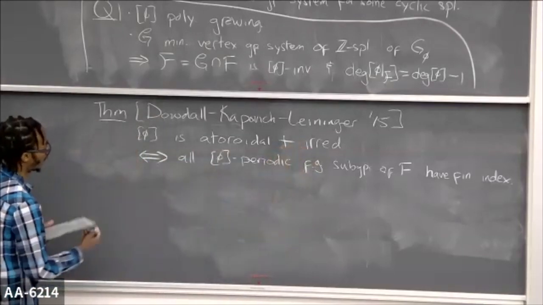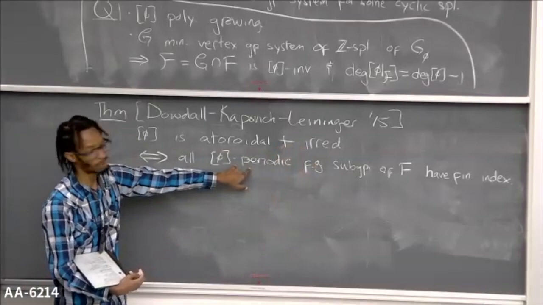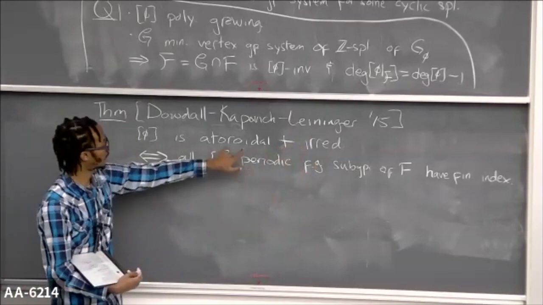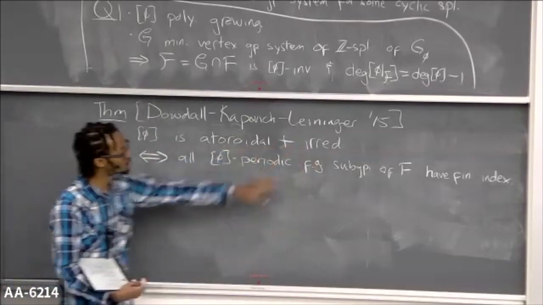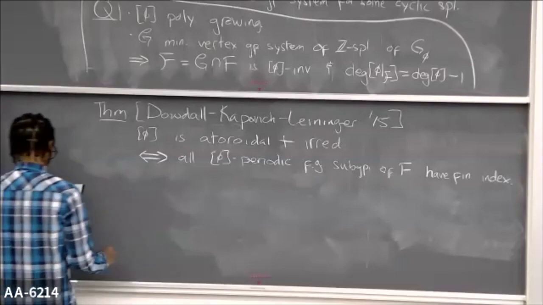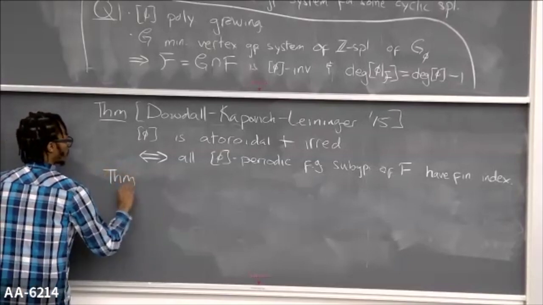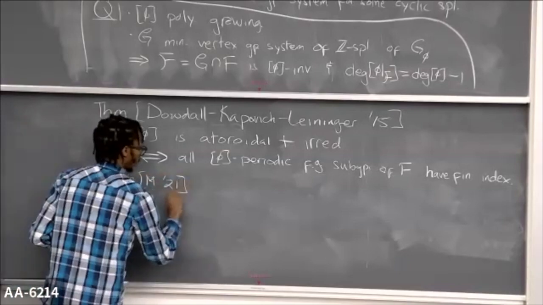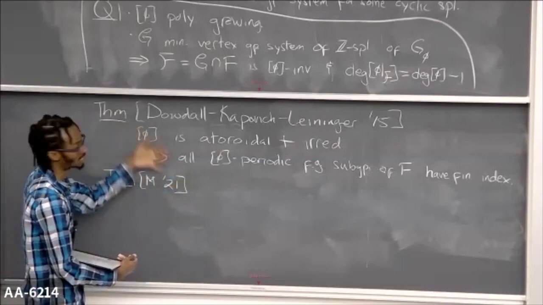So that's what they prove, and this statement here is obviously invariant under passing to powers. So being heteroidal and irreducible is a dynamical invariant. But irreducibility, remember, is not a dynamical invariant on its own. All right, so now a theorem that I proved. I wanted to talk about coherence of these groups because it kind of came up, but I just ran out of time, so I'm not going to show you how I prove this.